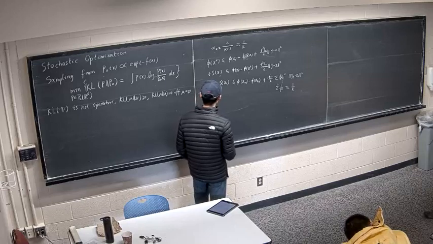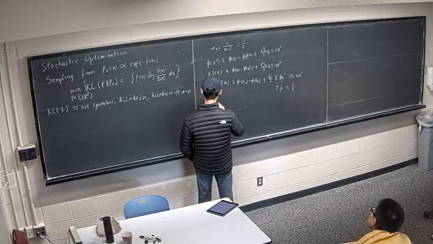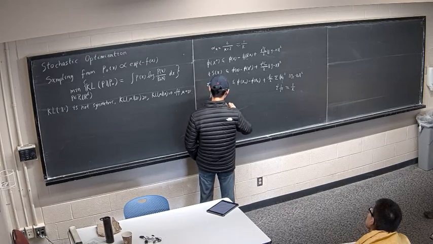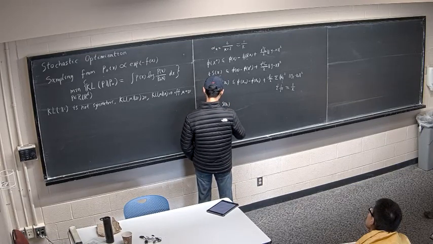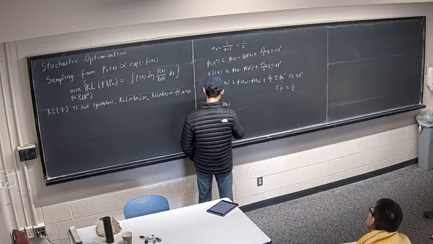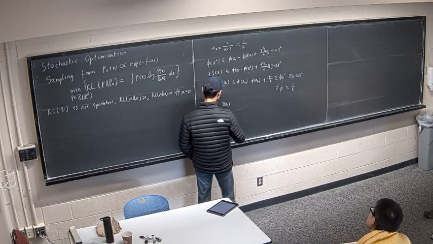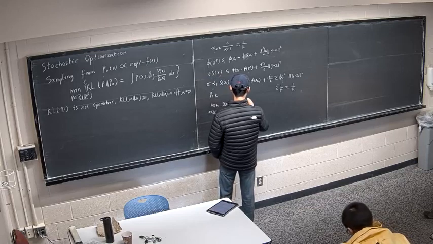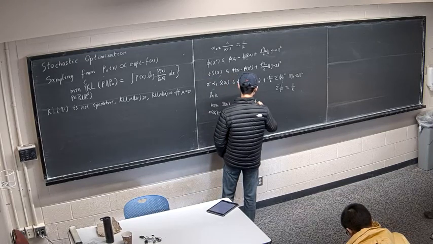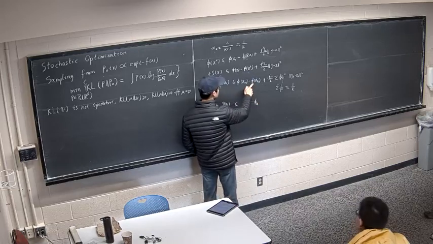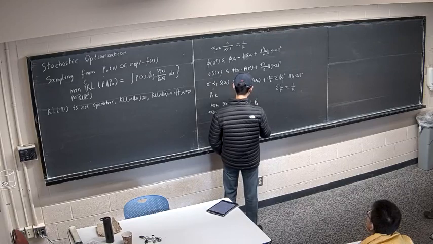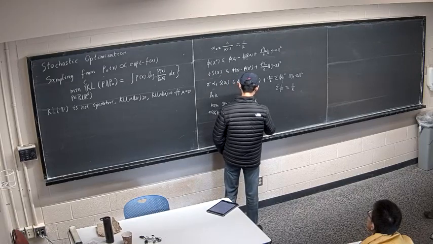Then what you have on this side is the minimum S(x_i), i from 0 to k minus 1, because phi of x_k is always lower bounded by phi star. You assume it's bounded from below, divided by log k.